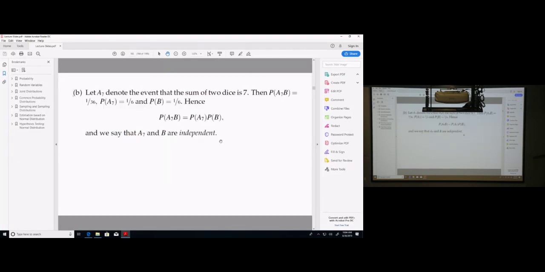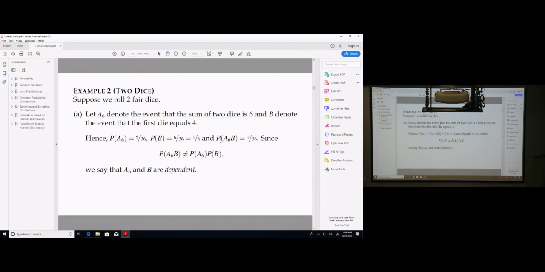This is a bit weird, because I asked you to check when the sum is 2, and you keep changing the problem. One thing I don't change is that the first die is 4, but I change the sum. So here I have two parts: when the sum is 6 and when the sum is 7.